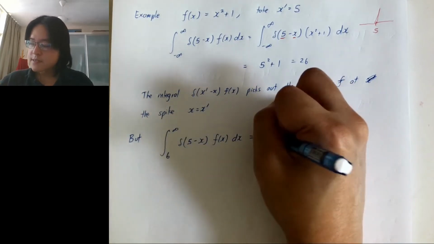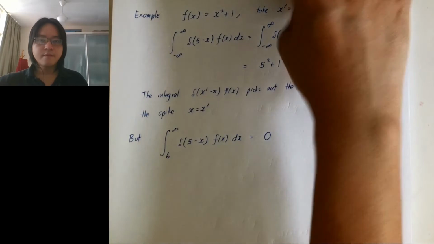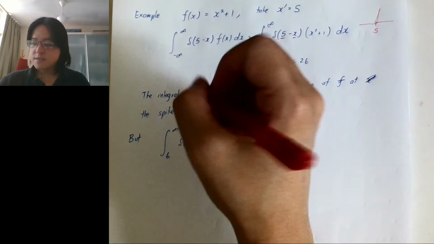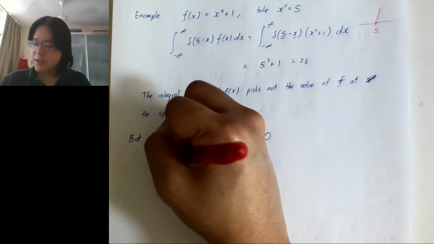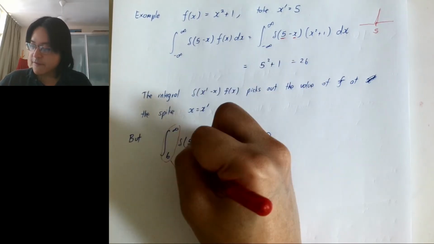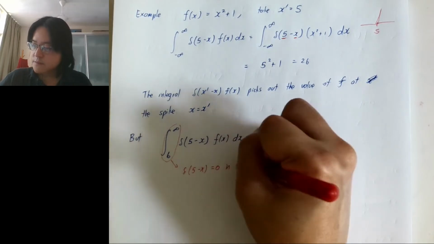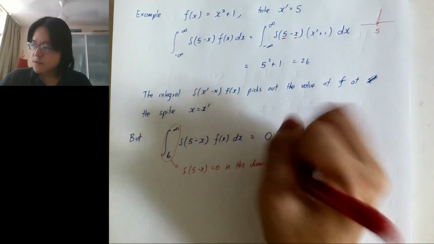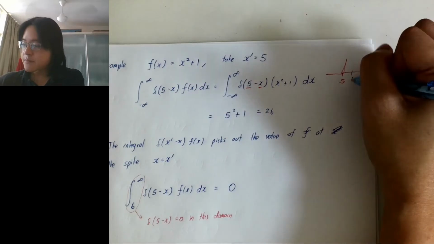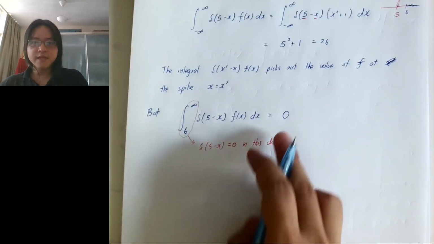The answer is 0, because look at this domain: delta of 5 minus x is 0 in this domain. Because I integrate from 6 onwards, there's nothing here, so the answer is going to be 0.